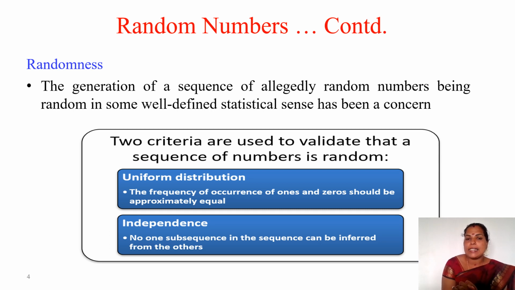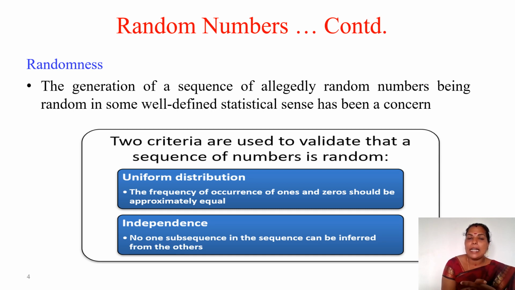Uniform distribution means the frequency of occurrence of ones and zeros should be approximately equal in the generated random number. Validating uniform distribution is very simple: verify whether the generated random number holds this property, that is, whether zeros and ones are used approximately equally, which we can easily verify.